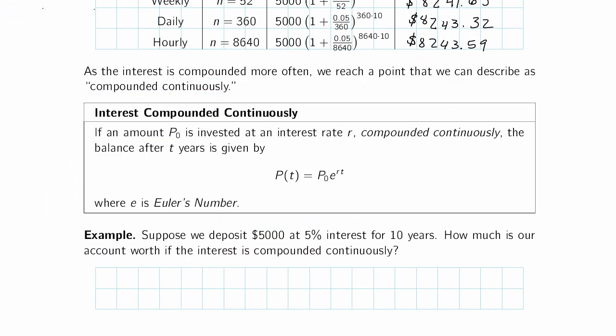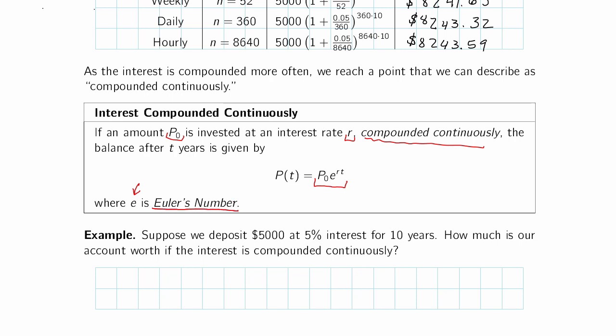So we have this formula that seemingly came out of nowhere that we use to describe interest compounded continuously. If we invest some starting amount at an interest rate R, compounded continuously, then the balance after t years is given by this expression, where this number E is something called Euler's number.